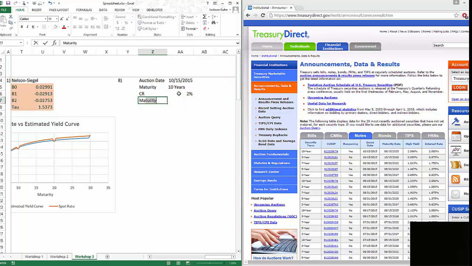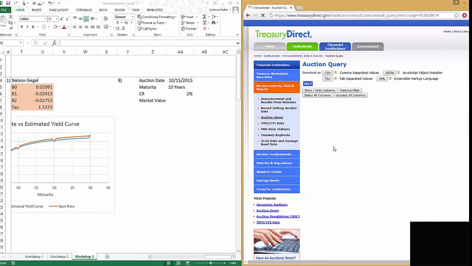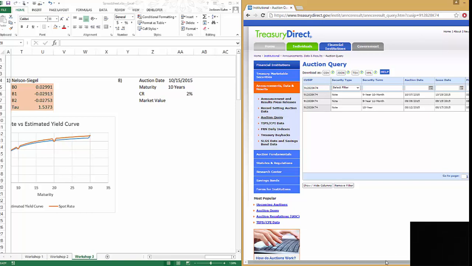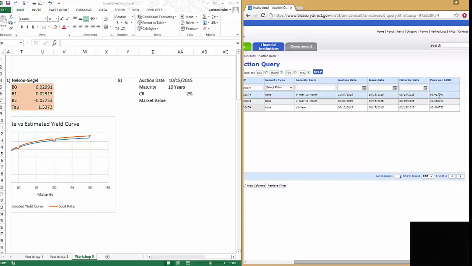And our market value, find out in just a second. So our market value is $99.41.